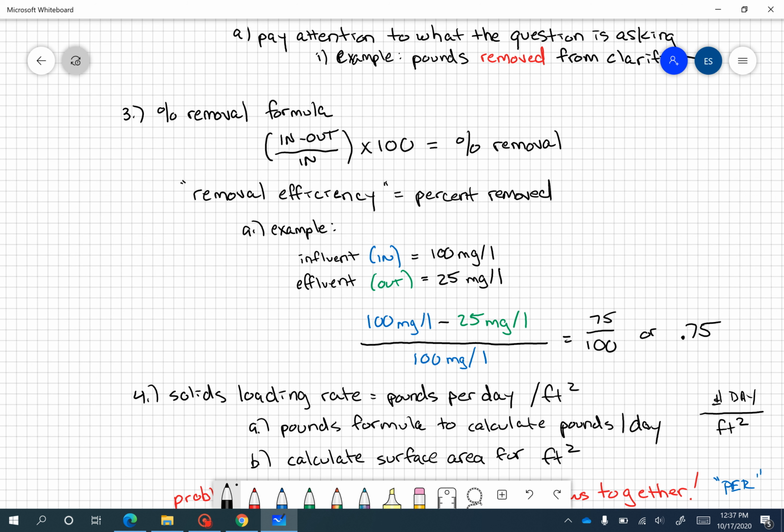This is one of those formulas that, to me, when you write it out, it looks more complicated than it is. In minus the out divided by the in times 100 looks a little bit more complicated than it really is. When we're talking about removal efficiency, we're talking about the percent removed.